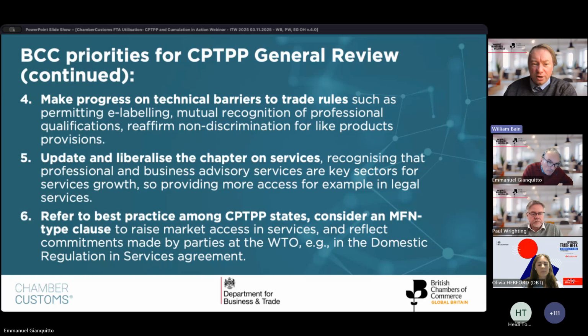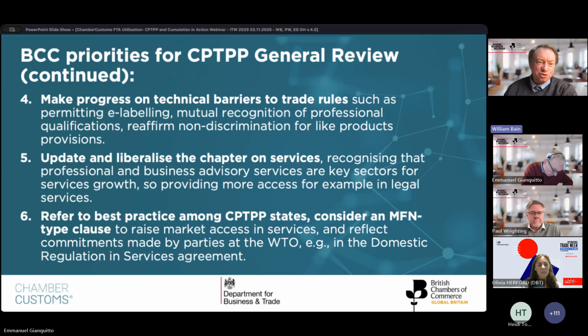So providing more access in terms of legal services would be important within the agreement and would help boost that vital sector of our economy and our export economy here in the UK. We also believe that we should have references within the agreement to best practice among CPTPP states.